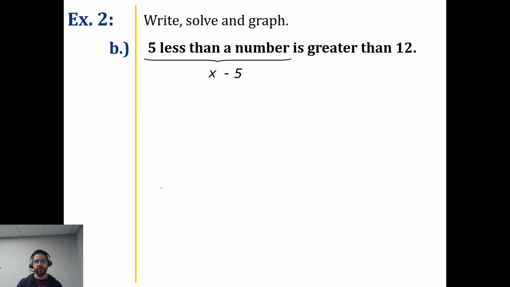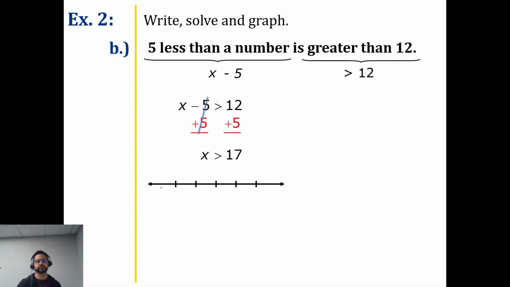Notice how there's no equal part, so is greater than 12. And then just a quick solving. Remember, only important number in the middle, one on each side, save you a little bit of time. Open dot to the right again.